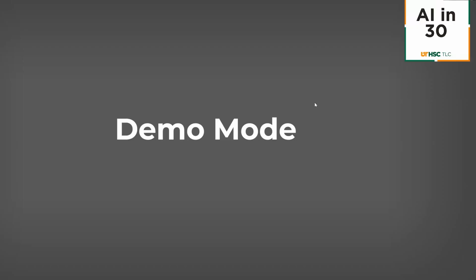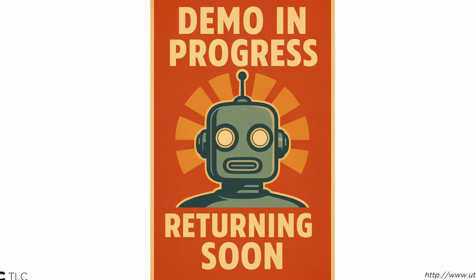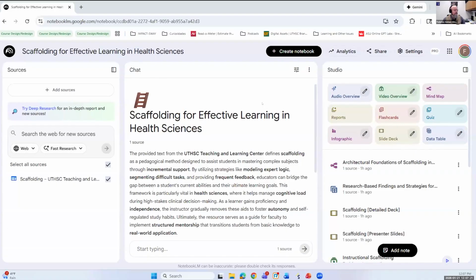We are going to go into demo mode very fast today. So I'm going to change what I'm sharing, and I'm going to go into my NotebookLM page for today. Hopefully you all can see a NotebookLM page implementation here. And this is how NotebookLM looks inside of any given notebook.